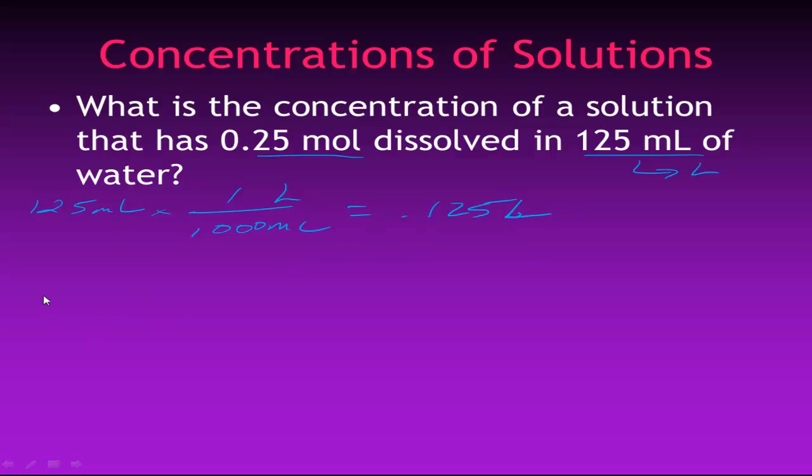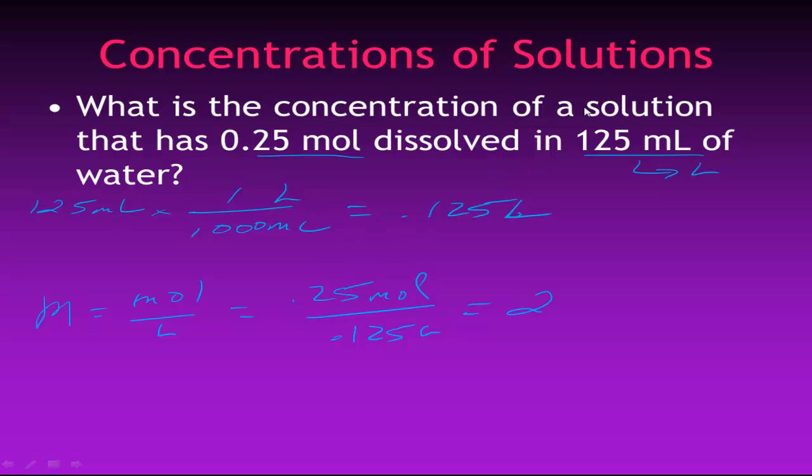And I have molarity equals moles divided by liters. And then you've got 0.25 moles divided by 0.125 liters. And I do the math, and the calculator spits out 2.